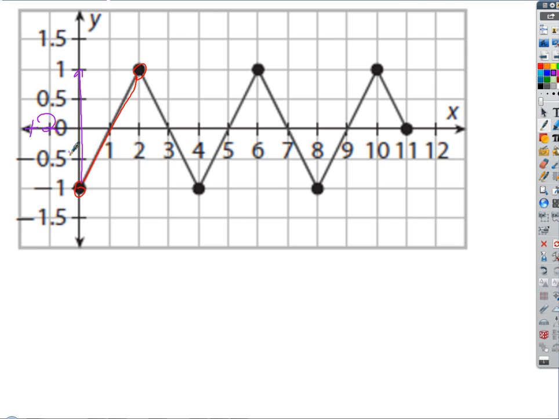Right, because we go from -1 to +1. See what I mean? How far did we run? Okay, once again, the units are misleading. 2. So what's the slope of that line? 2/2, which reduces to 1. Okay, so the slope is 1. All right.